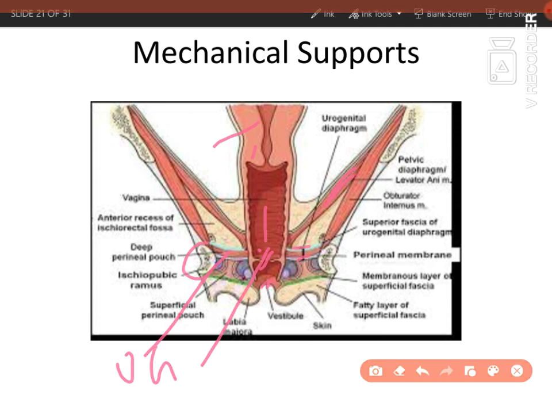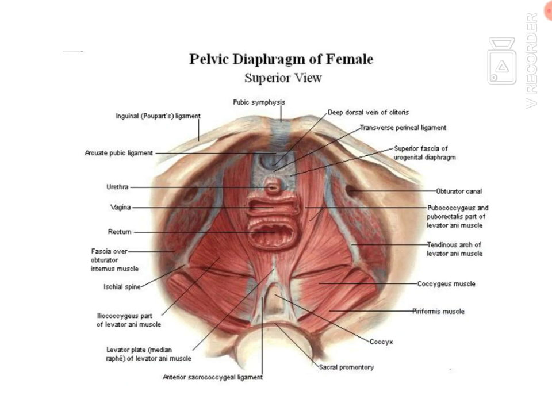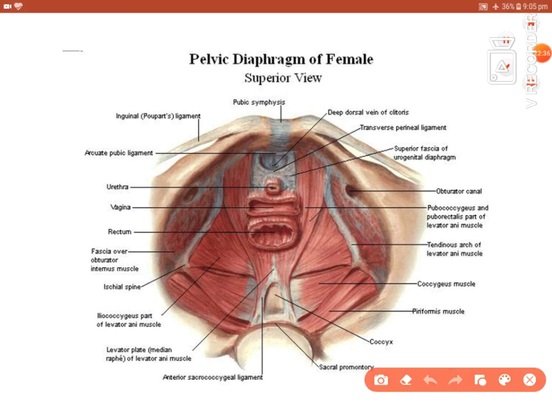Then in this next figure, what you are seeing is the pelvic floor. Here you can see the pelvic brim. This is the ischial spine. Here this is the levator muscle, from here to here. Posteriorly we can see the piriformis.